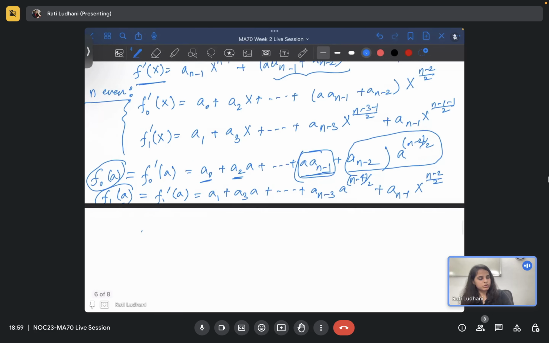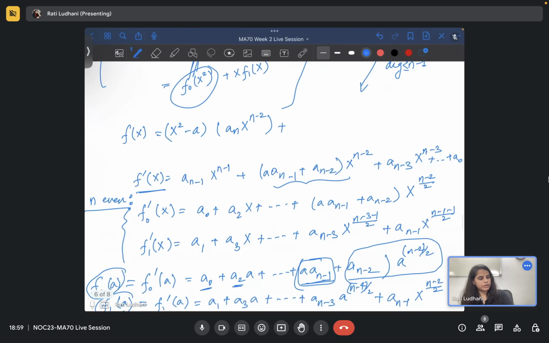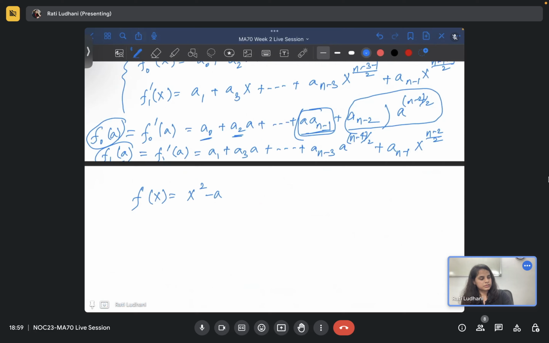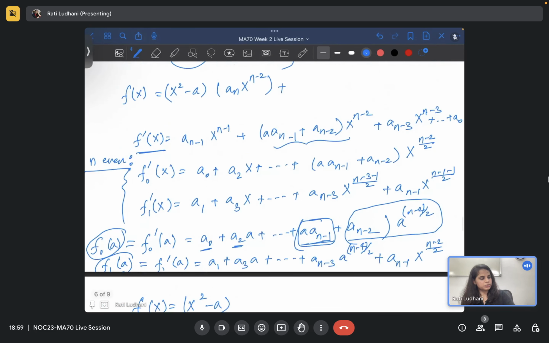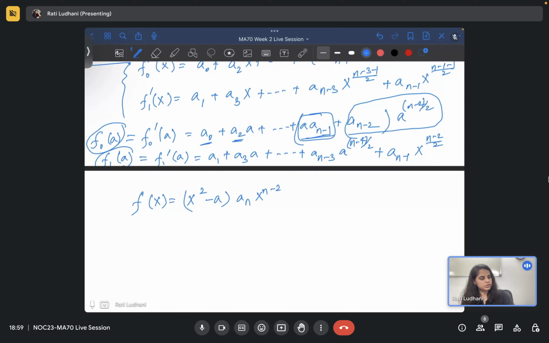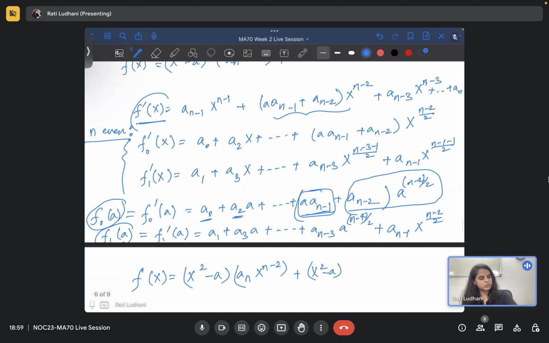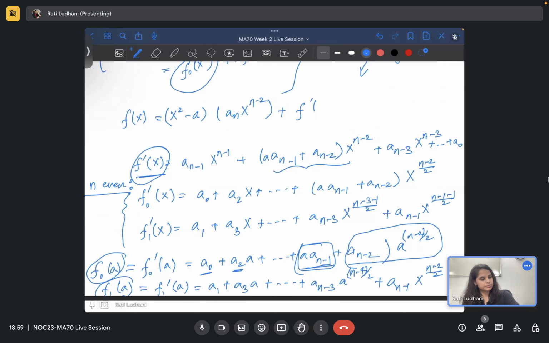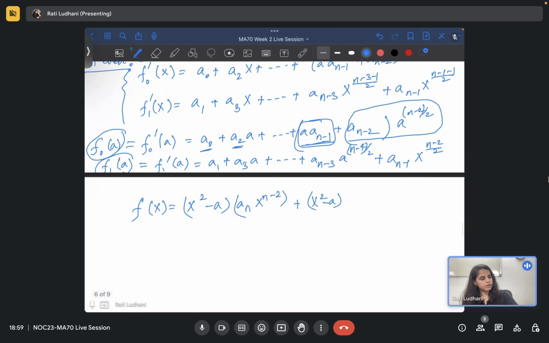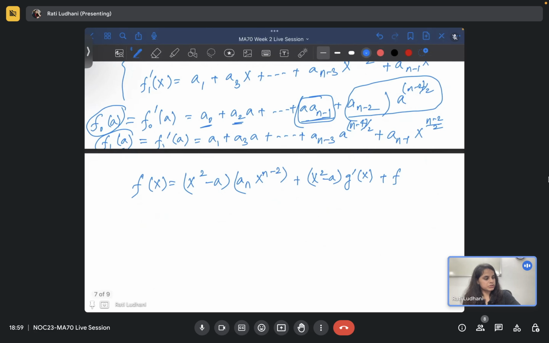Now from the induction hypothesis, this is exactly fx is equal to x square minus a, and this is equal to an x raised to power n minus 2, plus from the induction hypothesis for f dash, this will be equal to x square minus a some g dash x, some polynomial, and from the induction hypothesis, this will be equal to this x plus f0 dash a.